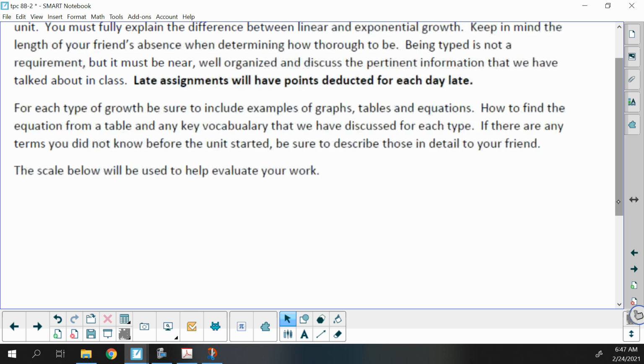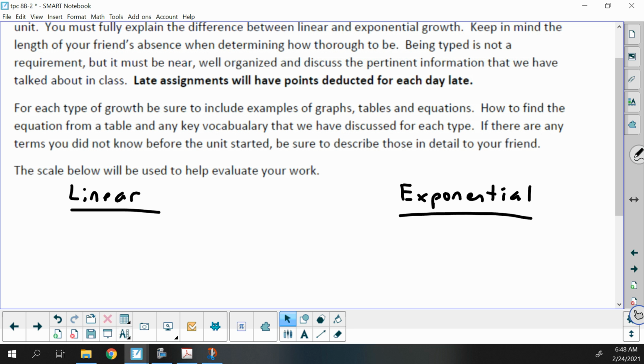So let's make a bullet list of what you need to make sure you have for each. For each of them, you've got to show an example graph of a linear function and an exponential function.